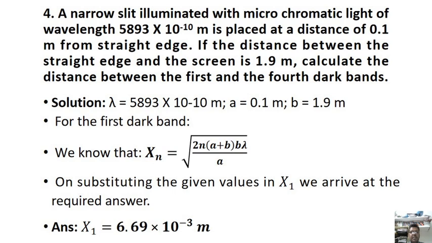A narrow slit illuminated with monochromatic light of wavelength 5893 into 10 to the power of minus 10 meter is placed at a distance of 0.1 meter from the straight edge.